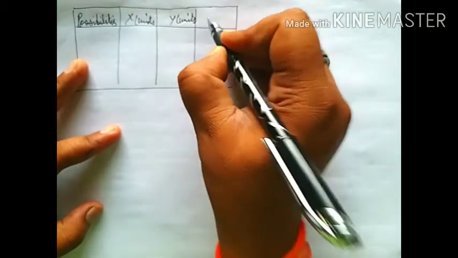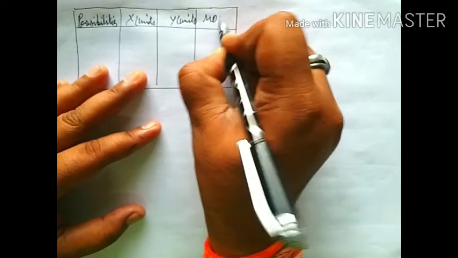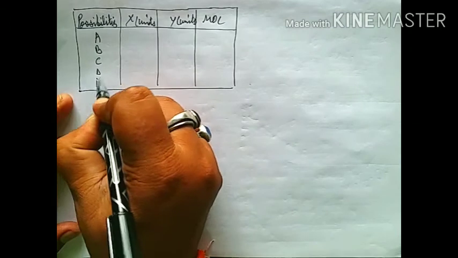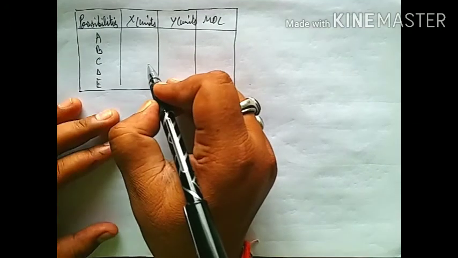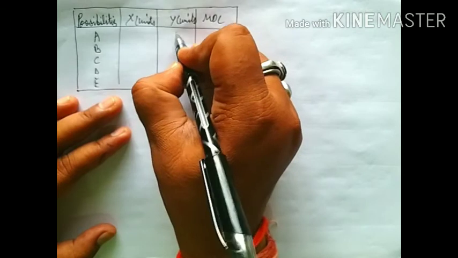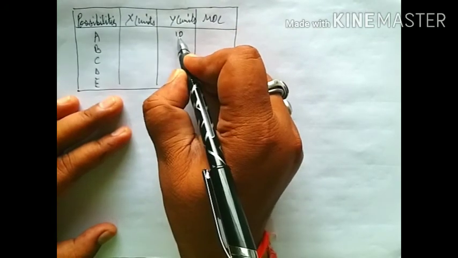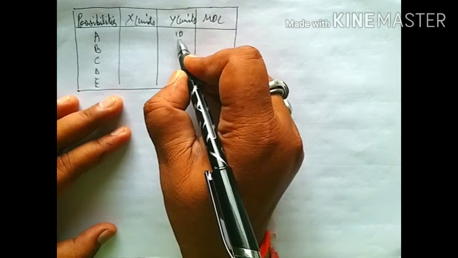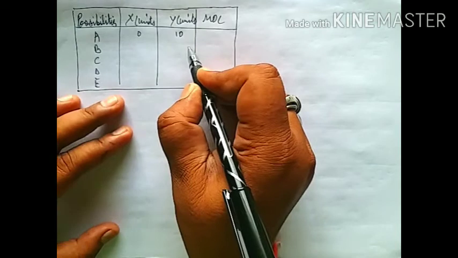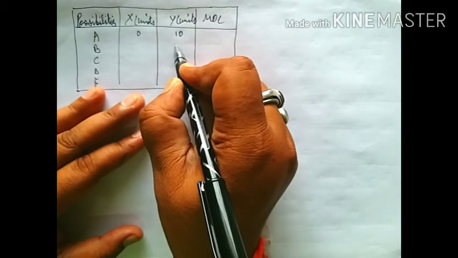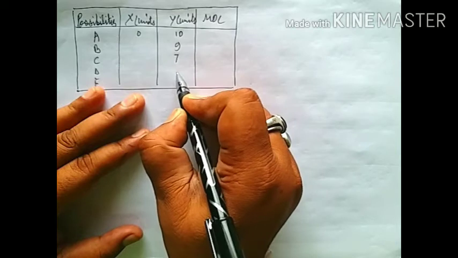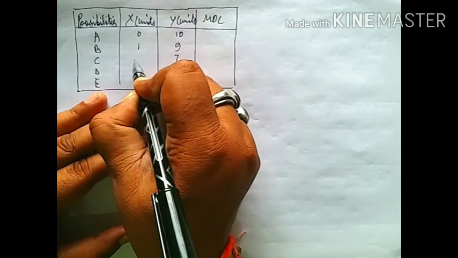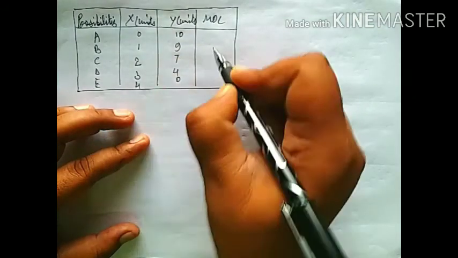Units will be mentioned in these columns. The possibilities are A, B, C, D, and last E. Students, here 10 units we are getting on the employment of all resources to produce commodity Y, and 0 units of commodity X will be produced here, and here 9, 7, 4 and 0. Here 1, 2, 3 and 4.